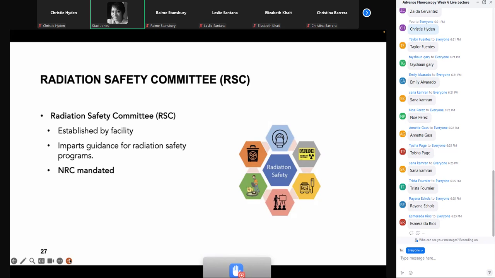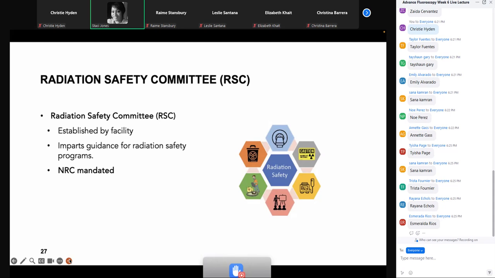Basically, the radiation safety committee is there for you to report out any issues and any standards, and also to keep track of any changes that come down the pipeline that you have to make in your department.